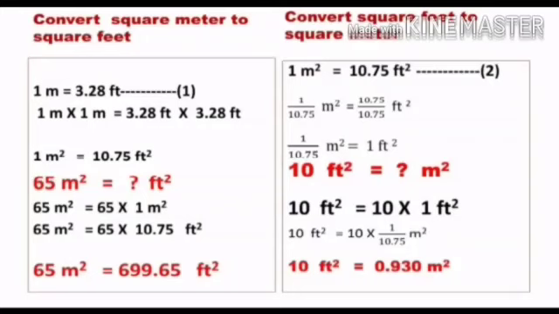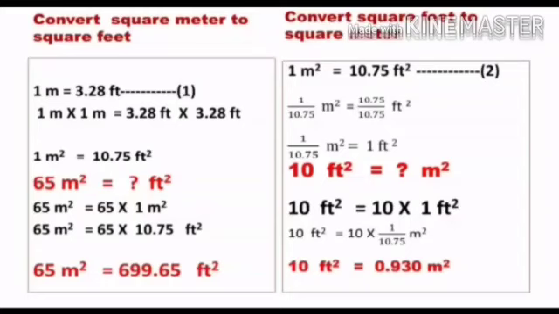So we get 1 meter times 1 meter is equal to 3.28 feet times 3.28 feet. 3.28 times 3.28 gives 10.75. 1 meter square will be equal to 10.75 square feet.